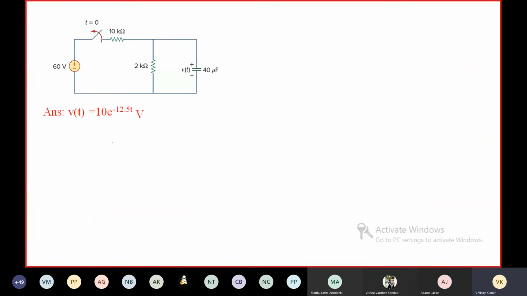So coming to this question, it says that the switch is opened at t is equal to 0. This instant is t is equal to 0.